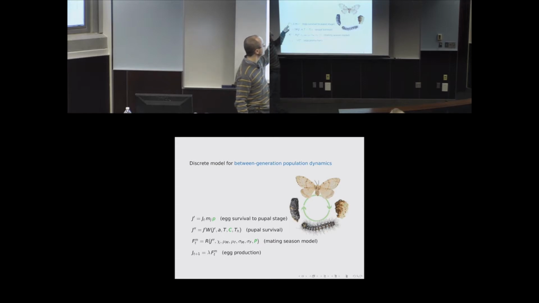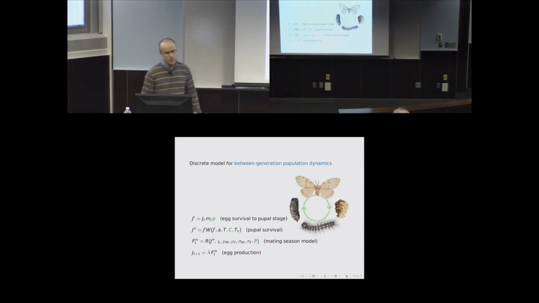So J_t is the number of larvae in time period t, and of these larvae, only some proportion survives to the pupal stage because we have some natural mortality M and some efficiency of applying pesticides P. Then we have a pupal survival modeled by the function W, where C is the number of predators which predate on these pupae, which we can control.